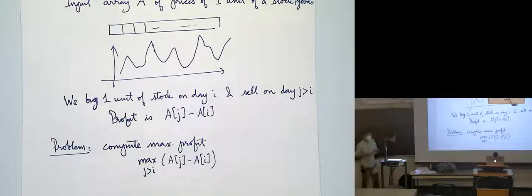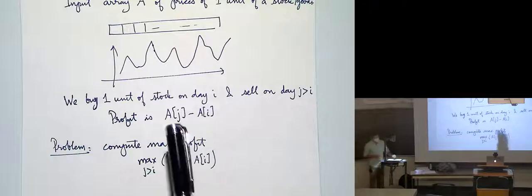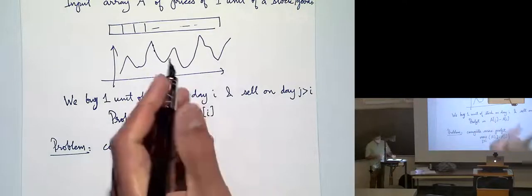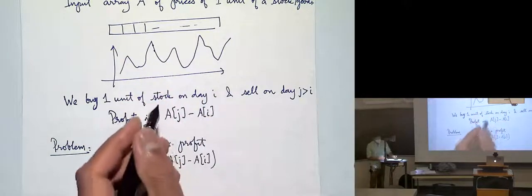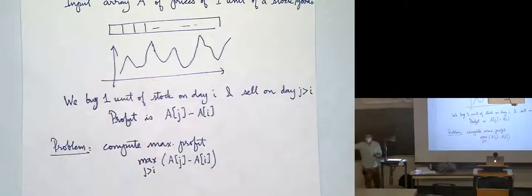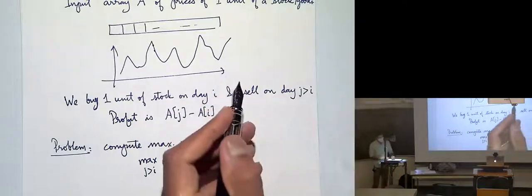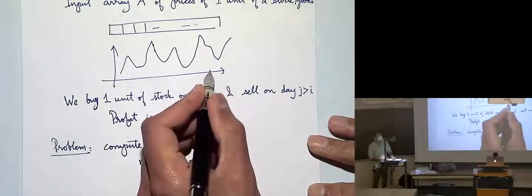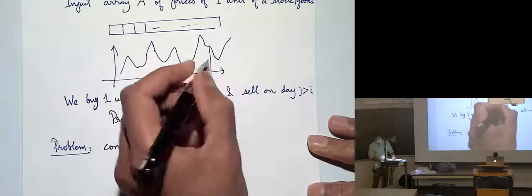So if you found that you got a greater profit, you just update the profit. Right. But you have to be careful because the profit at a particular point depends on the maximum in everything seen so far. Right. So what you do is you kind of go backwards, right? You say, what is the maximum up to a point?